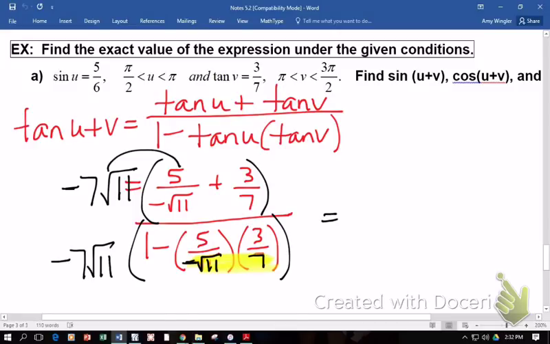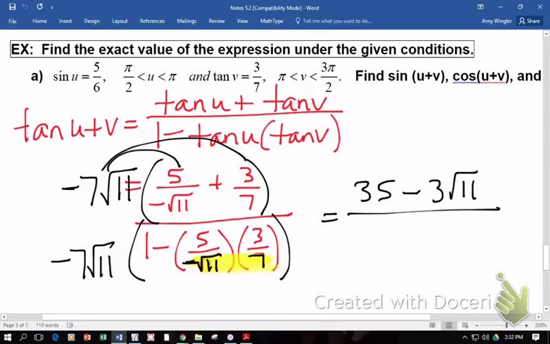And I want to distribute this. So when I distribute here, the radical 11s will cancel and the negatives will cancel. So I'll just really have the 7 times 5, which is 35. When I distribute here, just the 7s will cancel, so I'll have minus 3 radical 11 left.